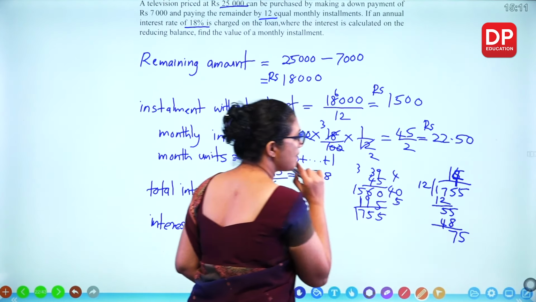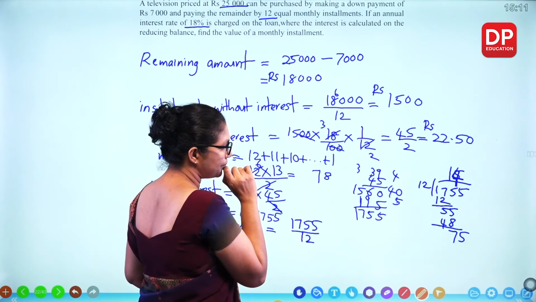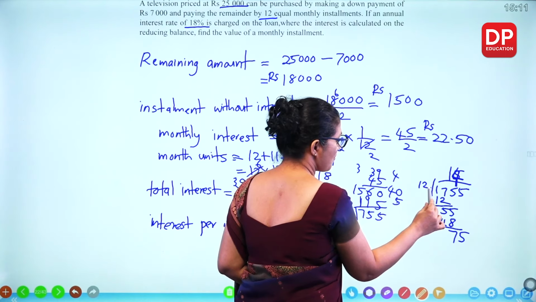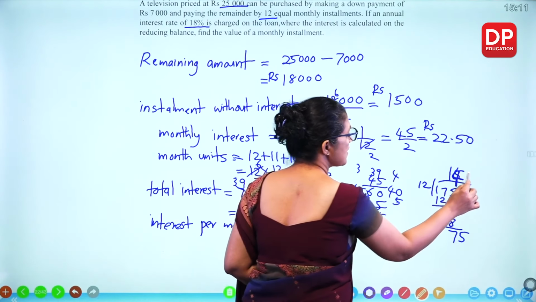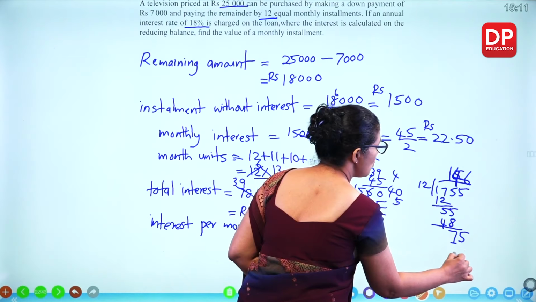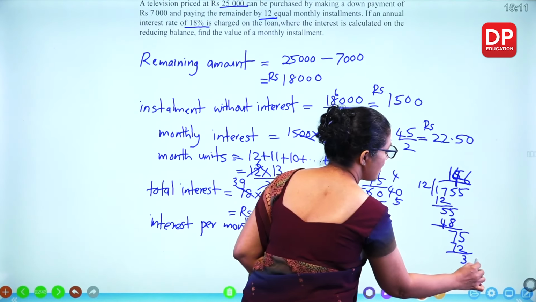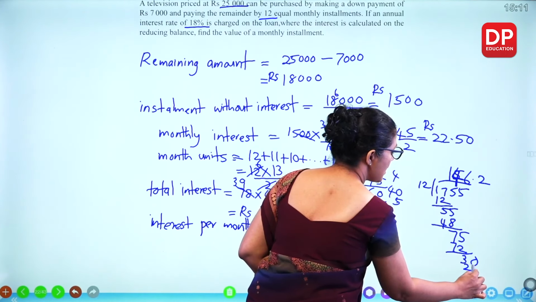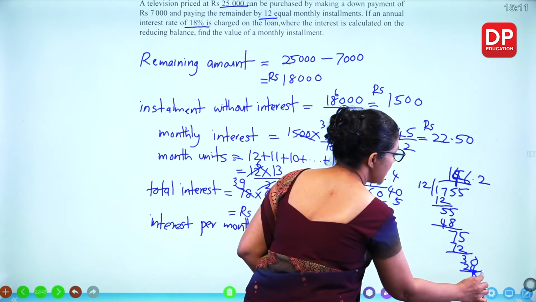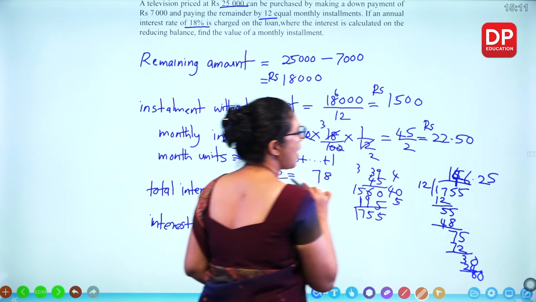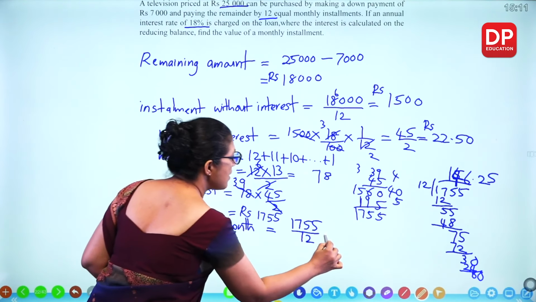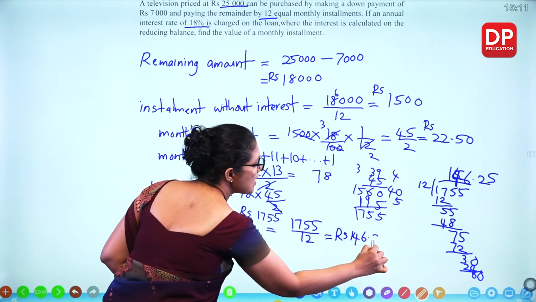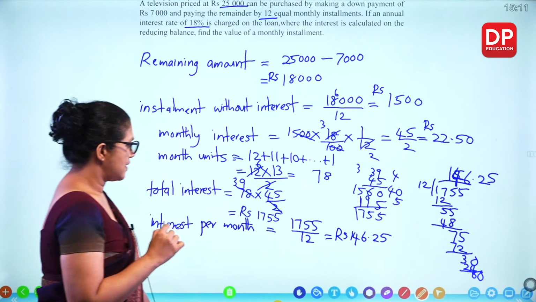For 75, it's 672, and for 30 that's 224, and then for 60 that's 5. So 146 rupees and 25 paise.